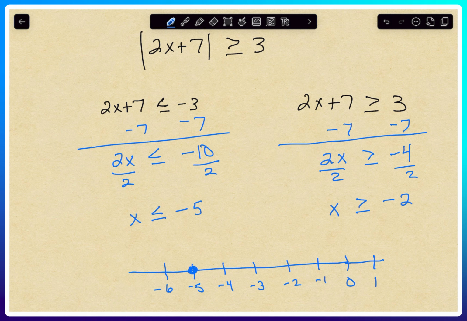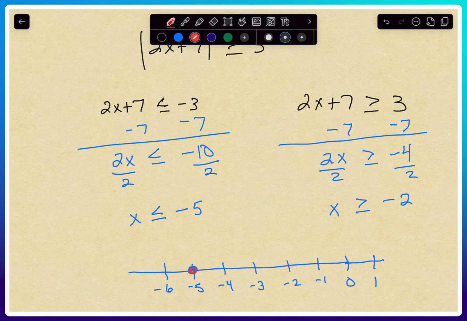Oh, I normally do that in red, don't I? I usually graph in red. Solid. And it's going to be less than negative 5. So it's going to go this way. See how that works? X is less than negative 5.